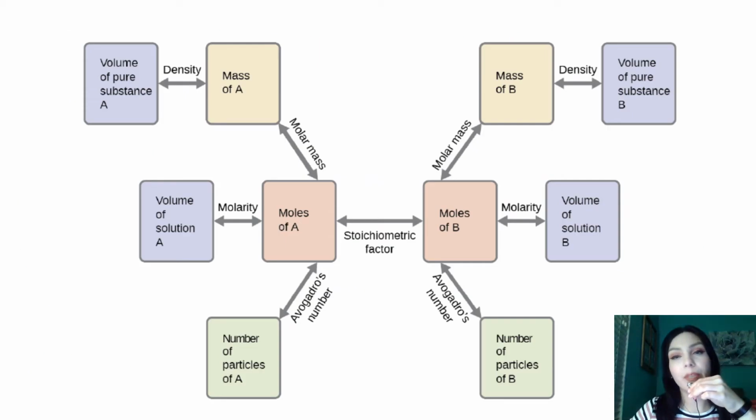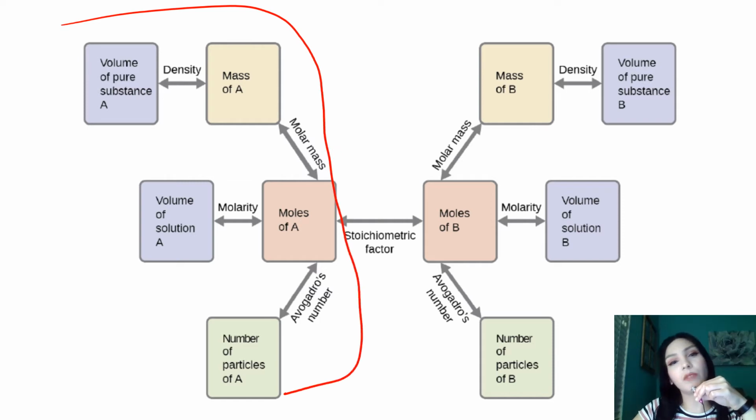So remember we started off with that tiny little mole map, just like with volume and mass and number of atoms. Now we have a giant web essentially, and this is just to show you how stoichiometry ties into all of this and how it's just what we've learned so far with stoichiometric factors joining the two. So this is what we've learned so far, right?